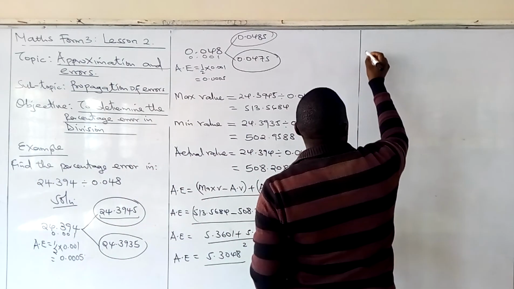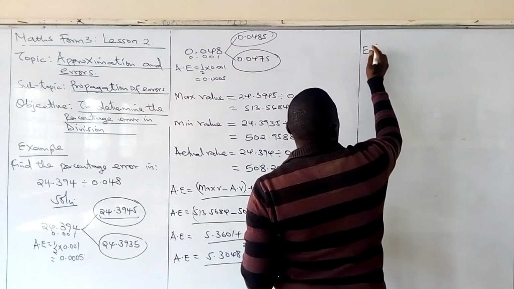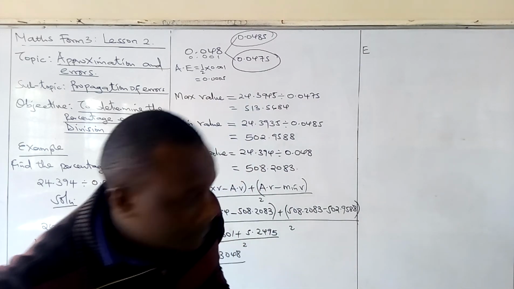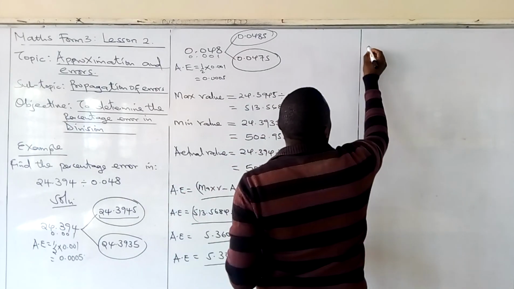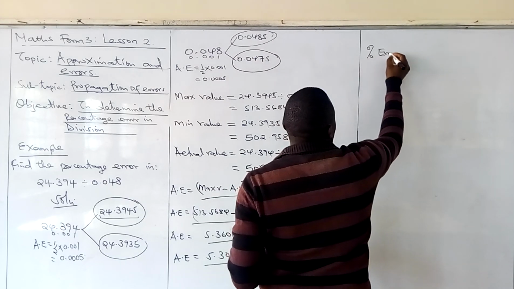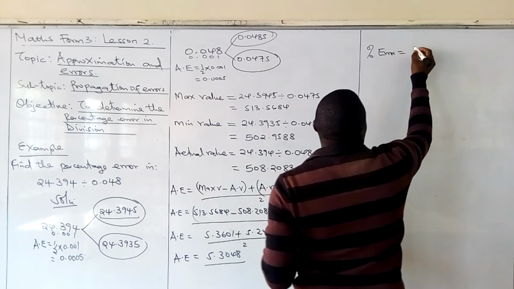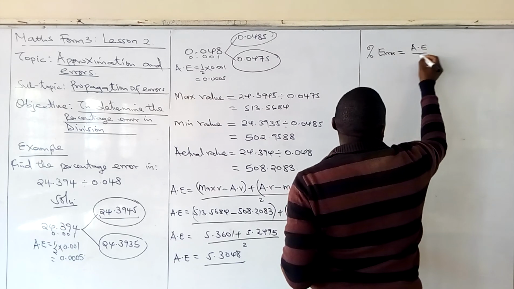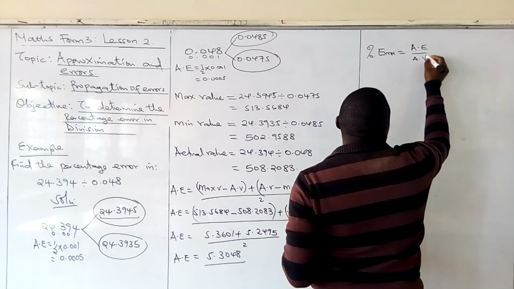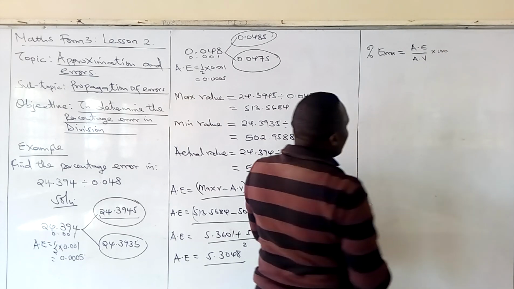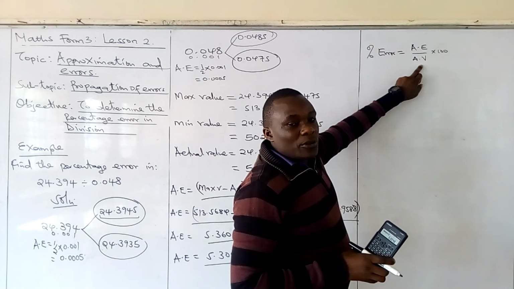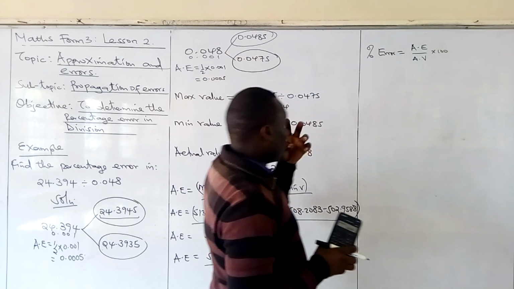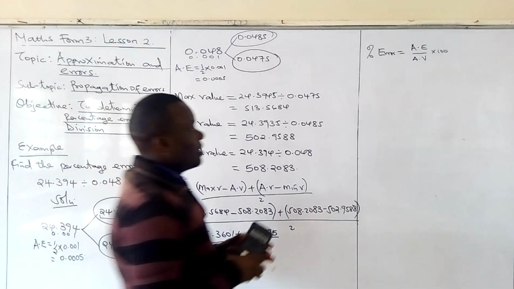We now find the percentage error. That's our objective. Percentage error is the absolute error over the actual value times 100. Remember, absolute error divided by the actual value gives you the relative error, and relative error times 100 gives you the percentage error.